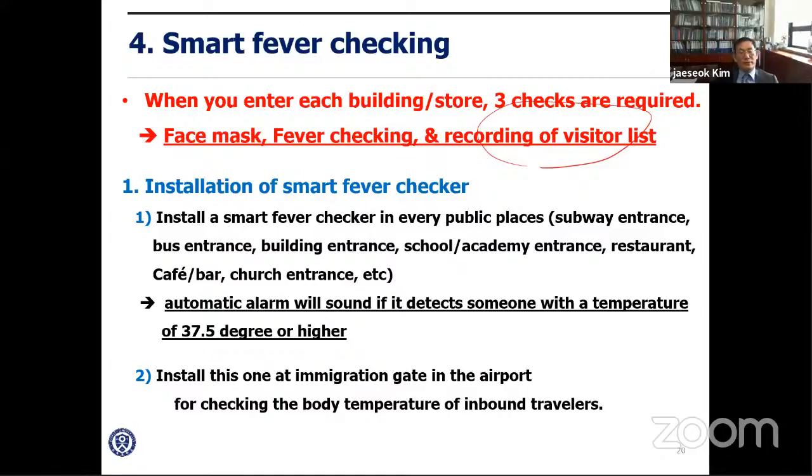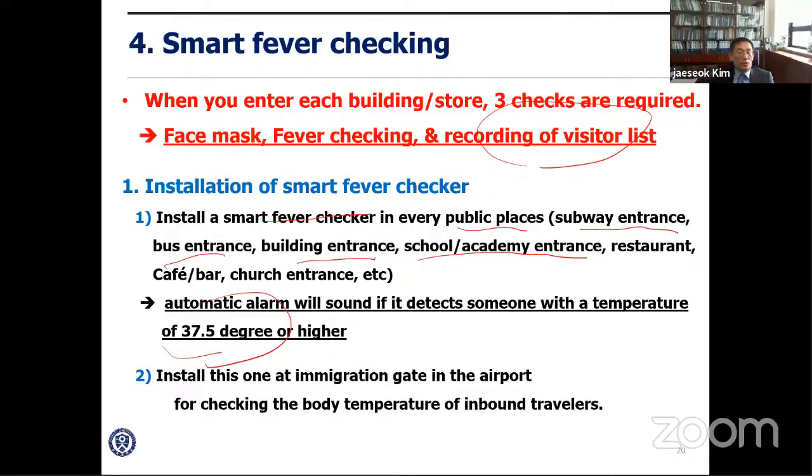For checking the fever, we installed the smart fever checker in every public place, like subway entrance, bus entrance, building entrance, school academy entrance, even in the restaurant, cafe, or church. Then an automatic alarm will sound if it detects someone with a temperature of 37.5 degrees or higher.